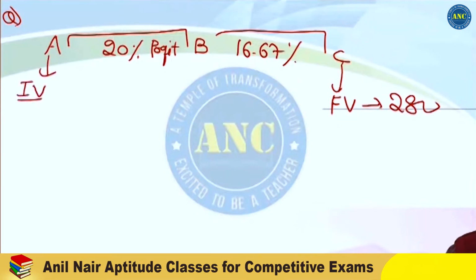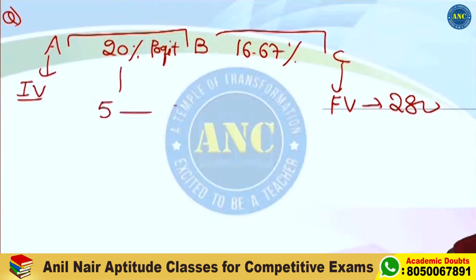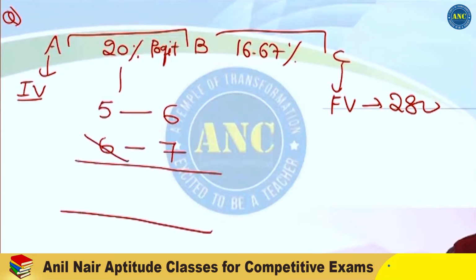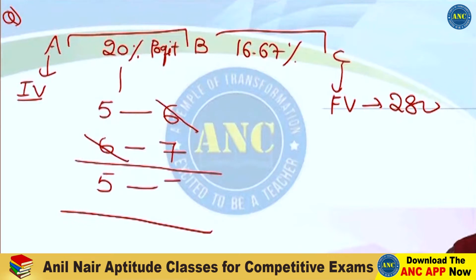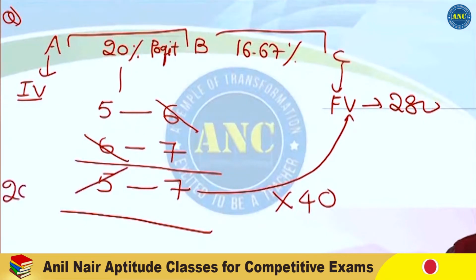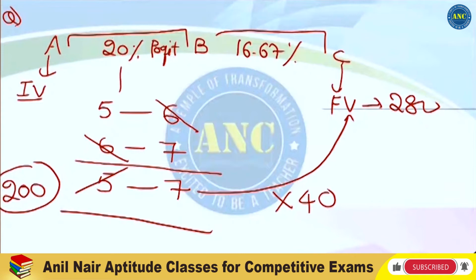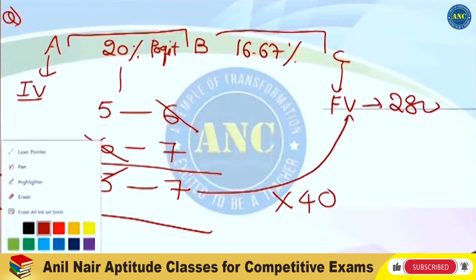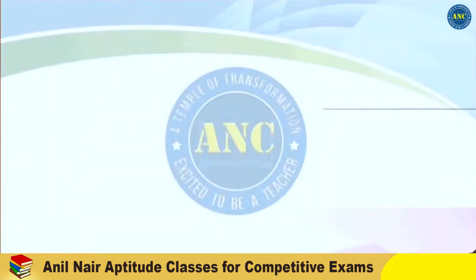A bought it for? 20% is 1 by 5, so 5 became 6. 16.67 is 1 by 6, so 6 became 7. 6 and 6 cancel. 5 becomes 7. 7 is the final value 280, so 1 is 40. 5 into 40 is nothing but 200. Easy question. Still I will do some more questions.